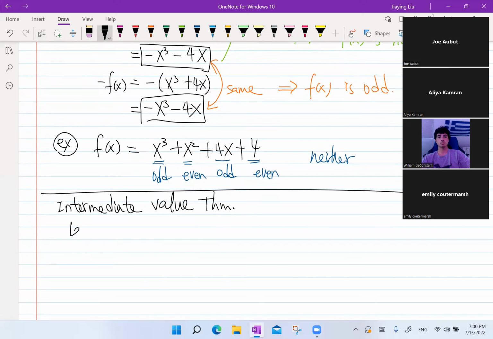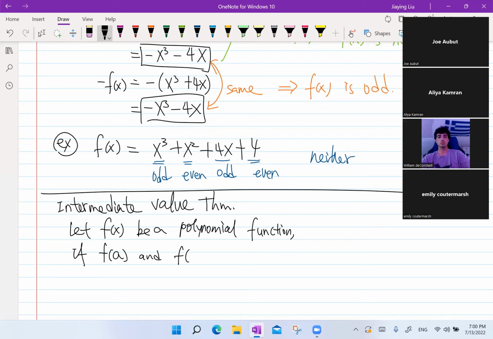So let f of x be a polynomial function. If f of a and f of b have opposite signs, means one is positive, one is negative.